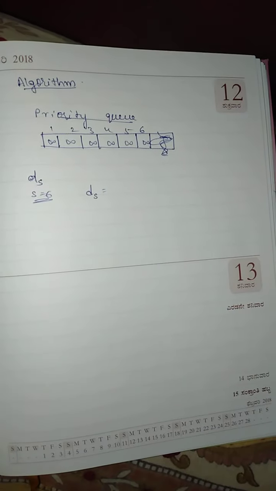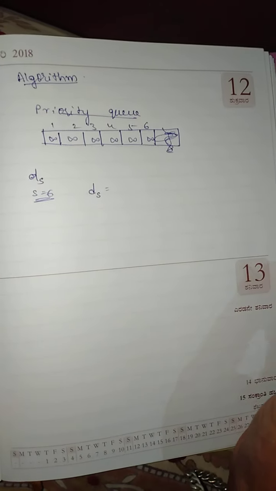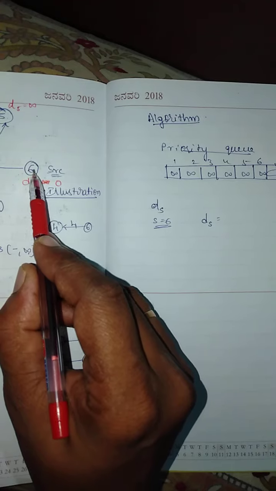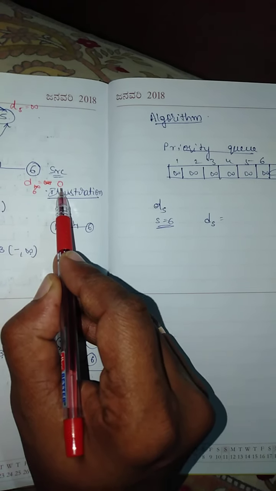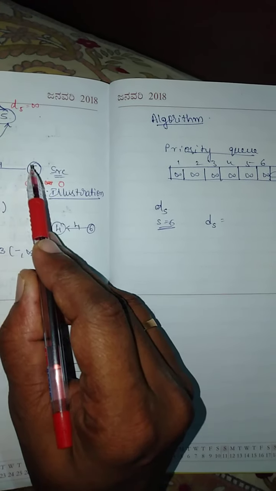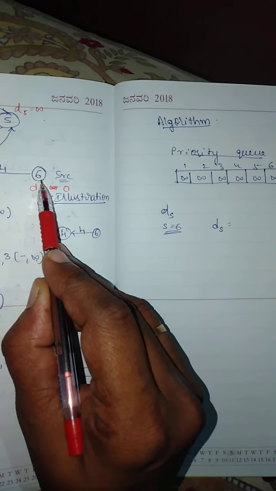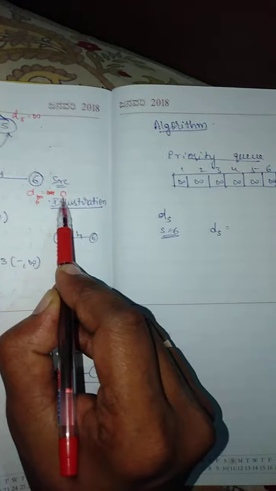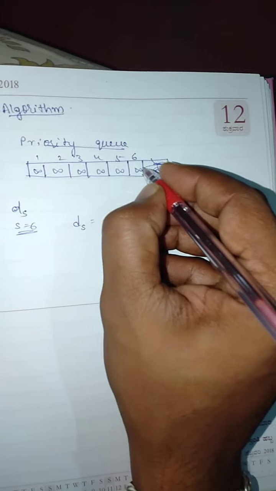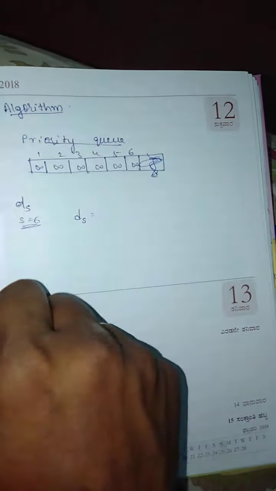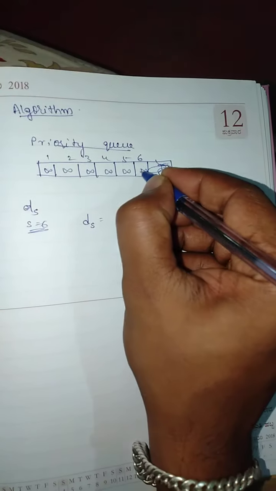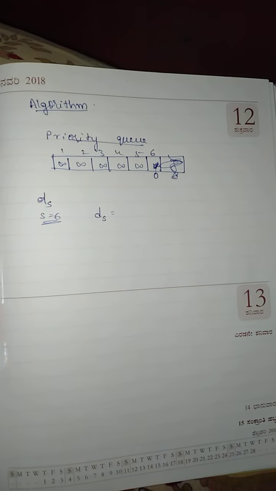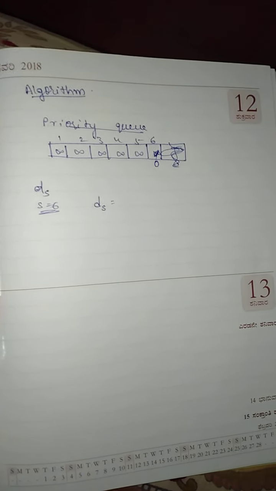In the priority queue, we have to decrease the priority of the element 6, I mean the node 6, to the new distance. So I will have to update the priority value of 6 to be 0.